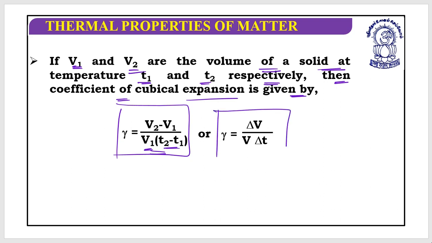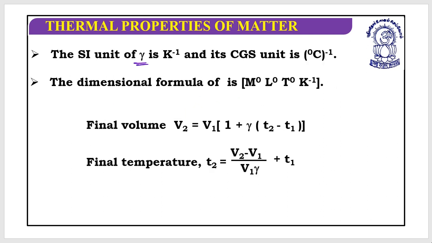Or you should remember gamma equals delta V by V into delta T. SI unit of gamma is again Kelvin inverse. CGS unit is centigrade inverse. Dimensional formula is Kelvin to the power minus 1.